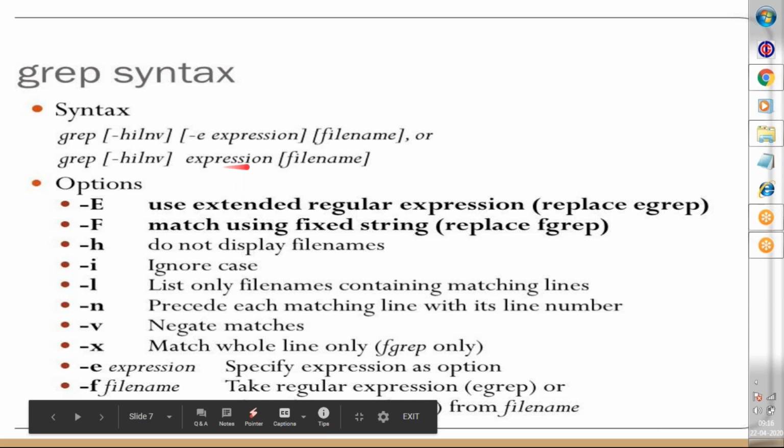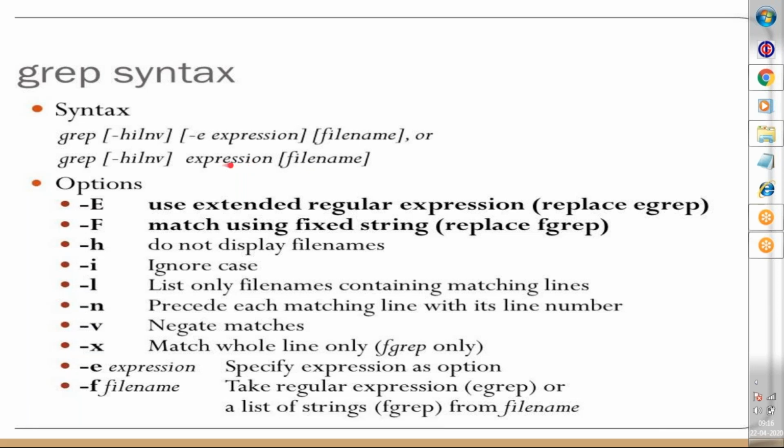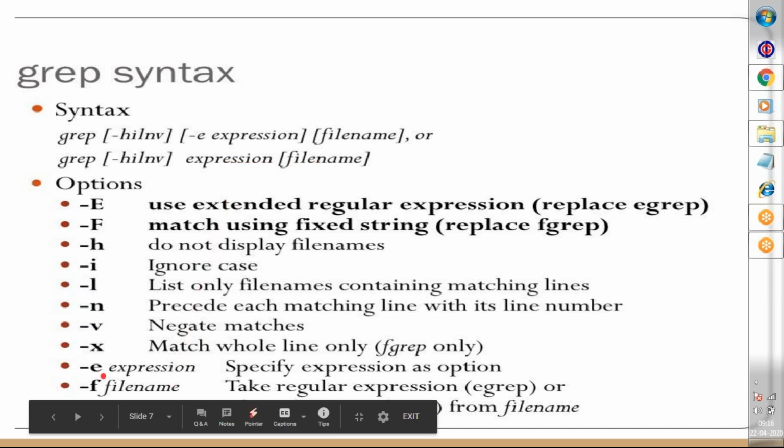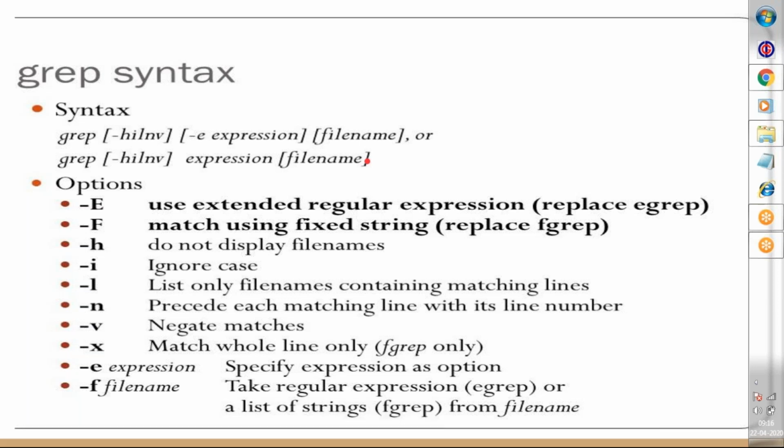If you want to specify the expression, you check that one and search. If you search from a file, then go for file name. So one is your file name, search from the file, or you want to search from a search string. You have mentioned a search from the expression, then you go for this one, the expression.